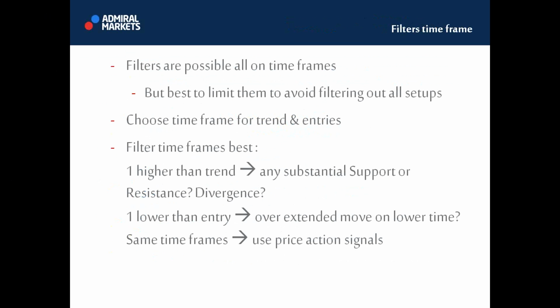So it doesn't have to be limited to higher or lower, but these are some examples of how I use filters on different time frames compared to trend and entries. That can be adjusted for your time frames as well. If you are not using 4 hours for the trend but the day chart, then you can use, for example, the weekly as resistance and maybe the 1 hour as an overextension on the smaller time frame.